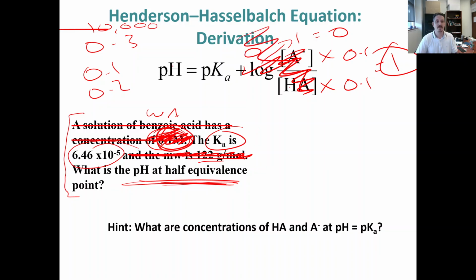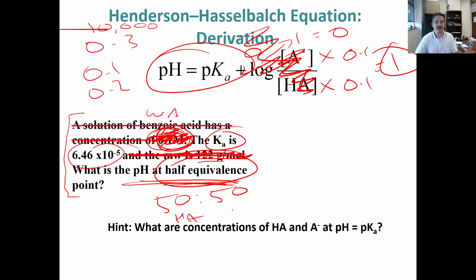Well, in that case, it's just pH is equal to pKa. And so remember what I said? At half equivalence point, when you have a 50-50 of HA and A minus, pH is equal to pKa. Or the other way around, when pH is equal to pKa, you have 50-50 of the acid and the anion. And that is the reason why.